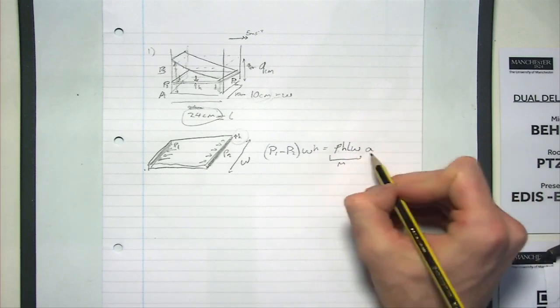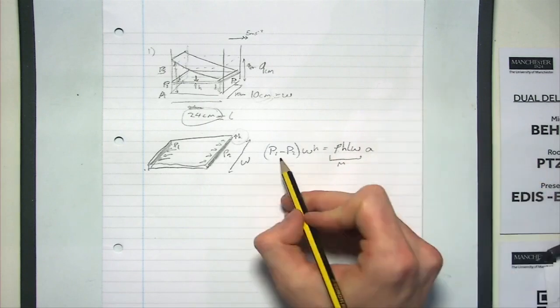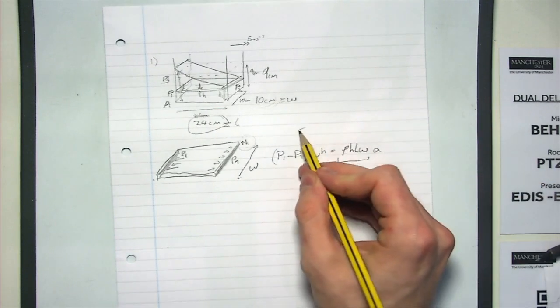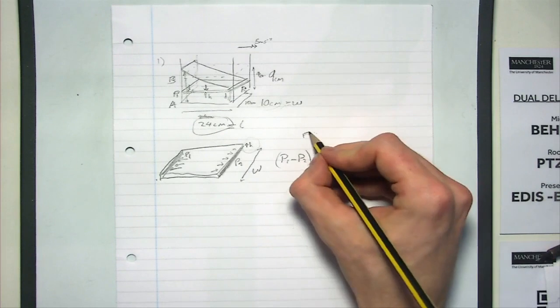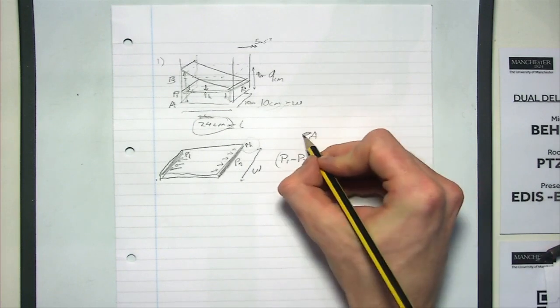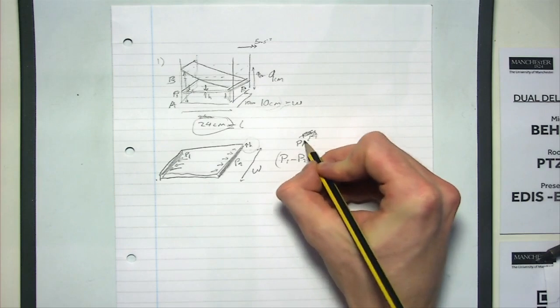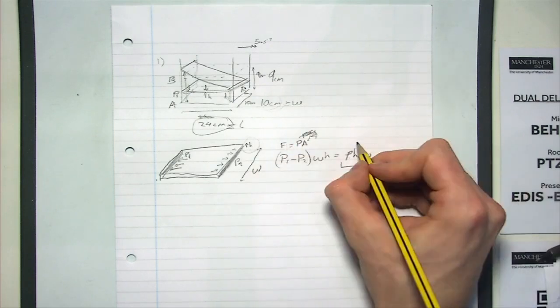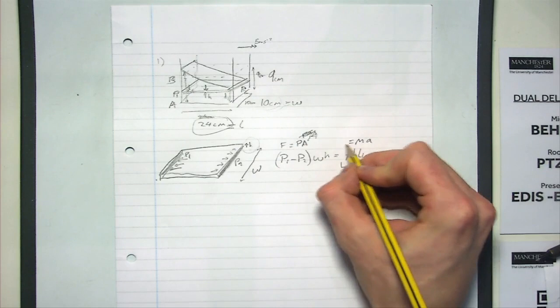This is just F equals ma, right? So this is F equals ma. This is pressure times area. That's a P. That's an A. That equals a force, and this is M. This is A, and that equals a force, right?